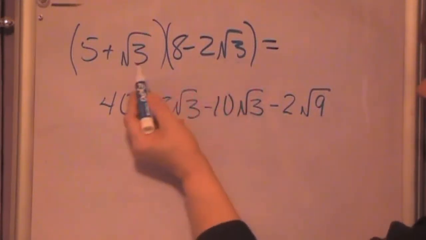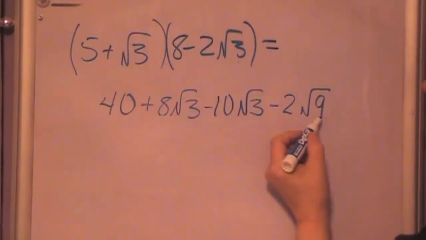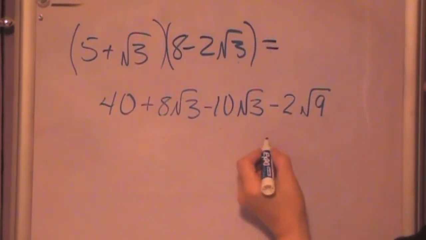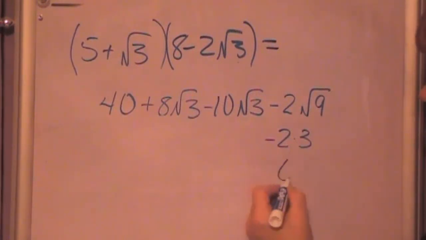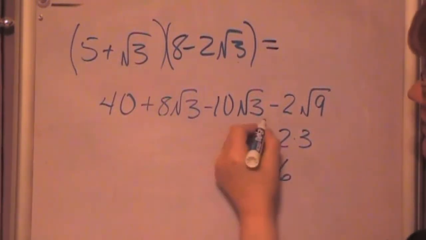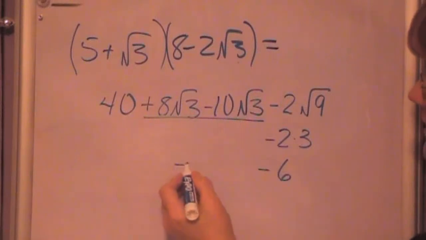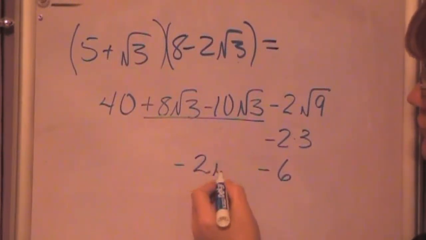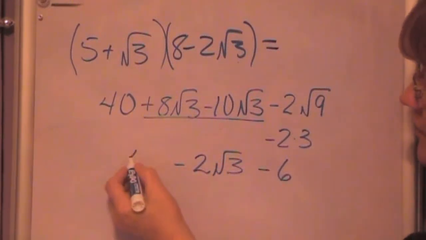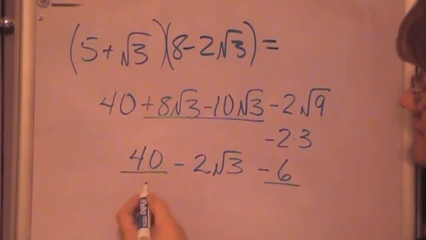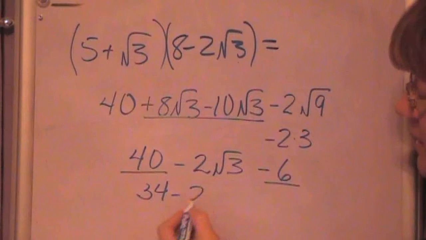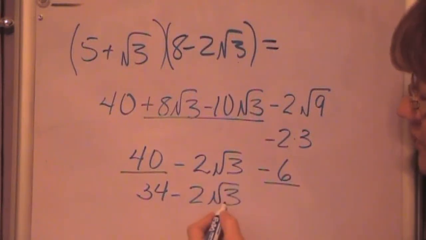Because I have root 3 times root 3. Well, that's just 3. So I really have minus 2 times 3, which is 6. And these two combine to give you minus 2 root 3. And we have 40. So we end up having 40 minus 6 is 34 minus 2 root 3.